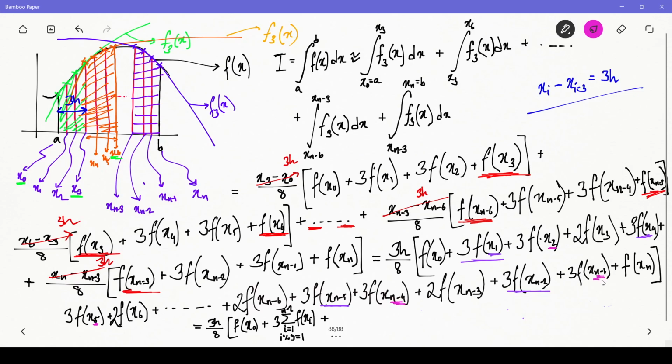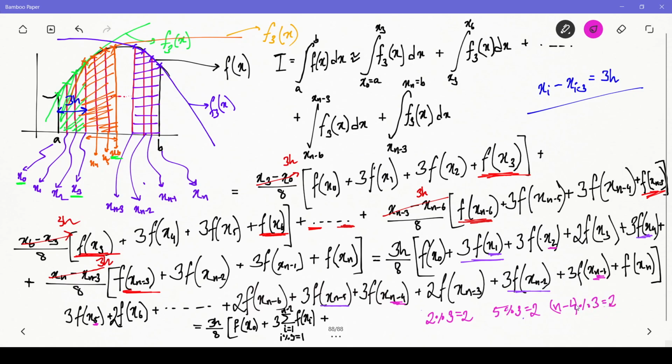When we divide 2 by 3, the remainder is 2, or 2 mod 3 is 2. Again 5 mod 3 is also 2. So let me write it over here: 2 mod 3 is 2, 5 mod 3 is 2, and then for the general term, n minus 4 mod 3 will for sure be 2.